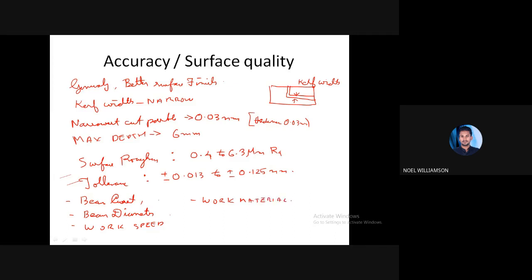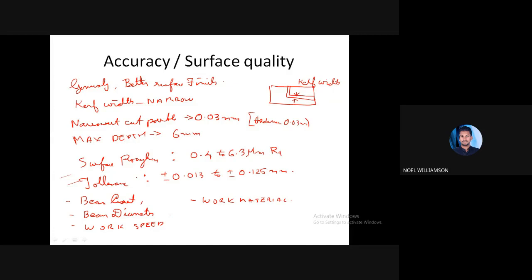So these are the main parameters which control the surface quality. These are about the surface quality or the effects of the process parameters.